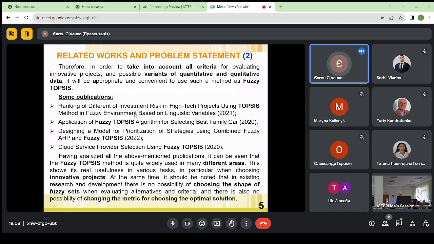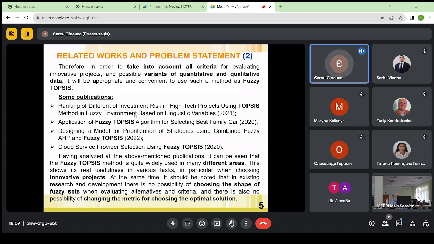On this slide, you can see some different new publications where authors use TOPSIS and fuzzy TOPSIS methods for different tasks, for example, selecting the best family car, cloud service provider selection, and so on. Having analyzed all the above-mentioned publications, it can be seen that the fuzzy TOPSIS method is widely used in many different areas.